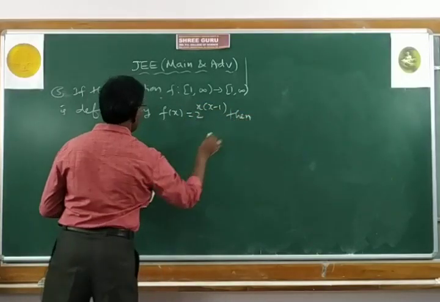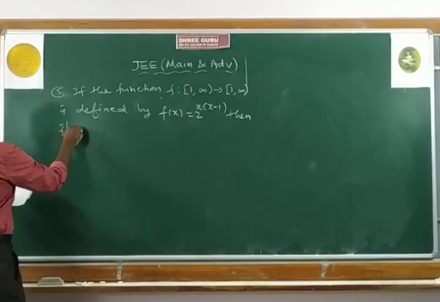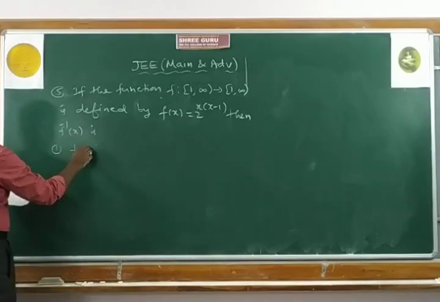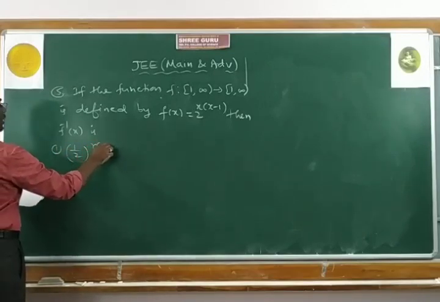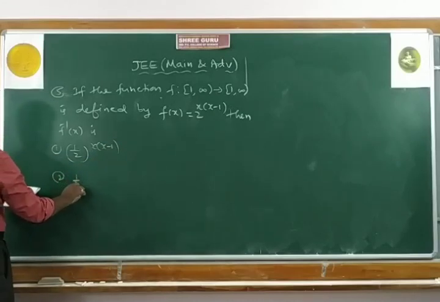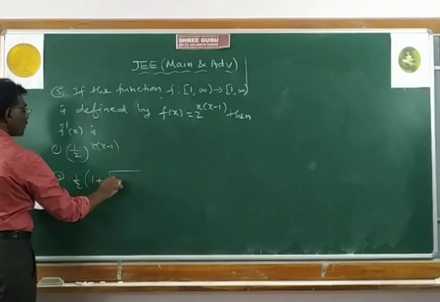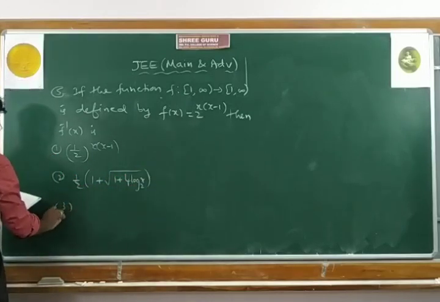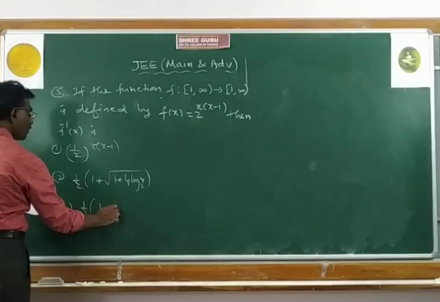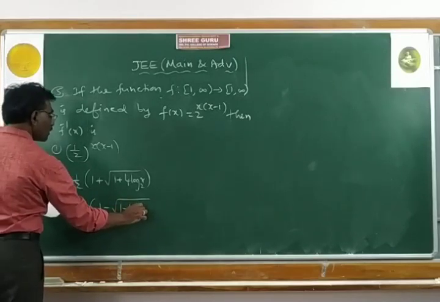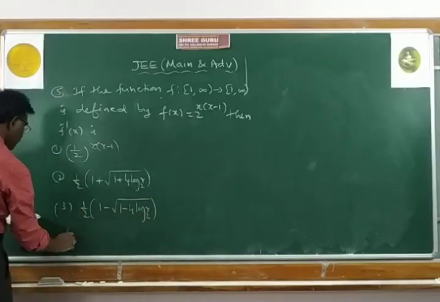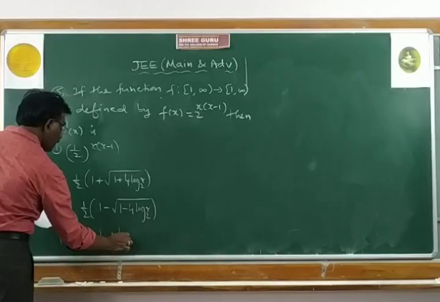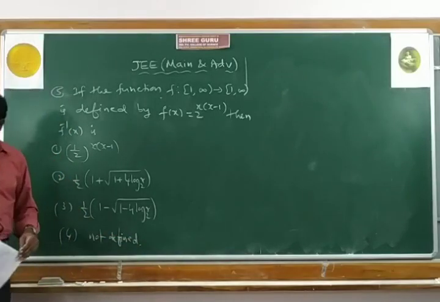Then f inverse of x. So I can repeat, inverse is asking. First option 1 by 2 whole raised to x into x minus 1. Option 2, 1 by 2, 1 plus root 1 plus 4 log x to the base 2. Option 3, 1 by 2, 1 minus root 1 minus 4 log x to the base 2. Option 4, not defined.